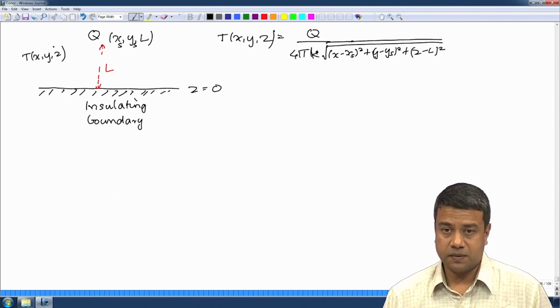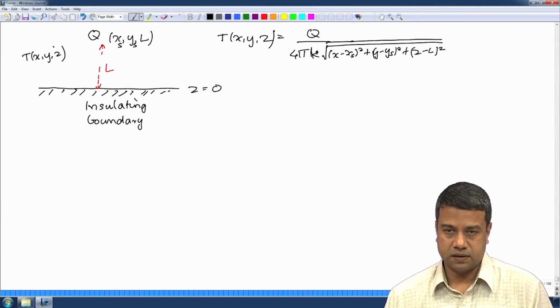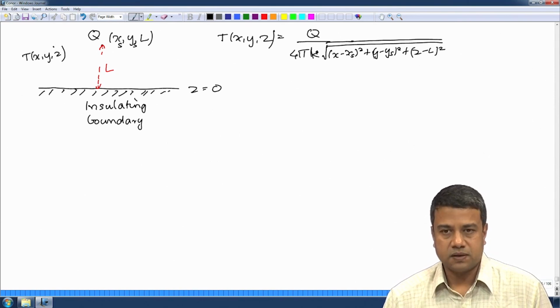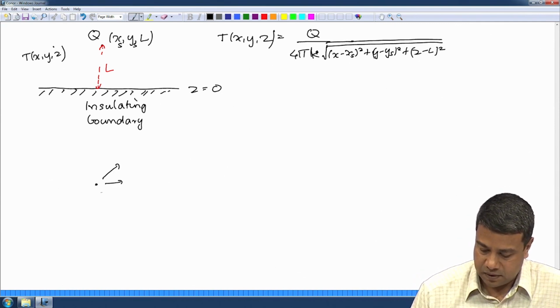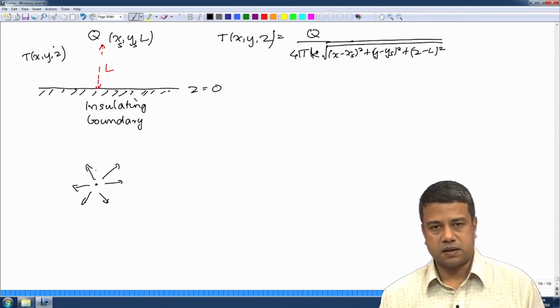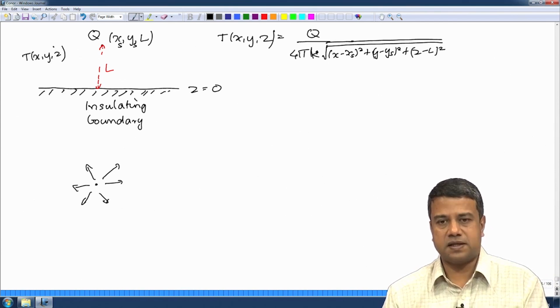However, this is not going to be the temperature field in this case, because I do have an insulating boundary. In the insulating boundary, what should happen? If there were no boundary, then the heat flux lines would all be isotropically outward. This is generating some heat, so the heat flux lines would all be isotropically outward, spherically symmetric.